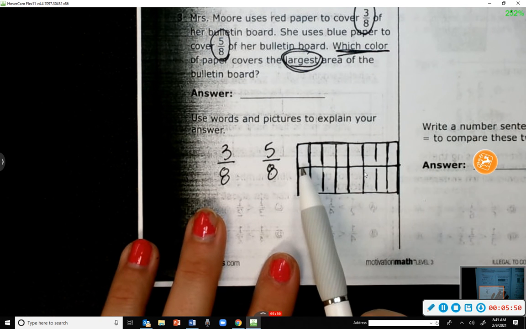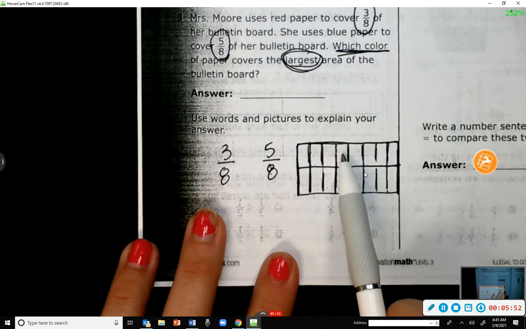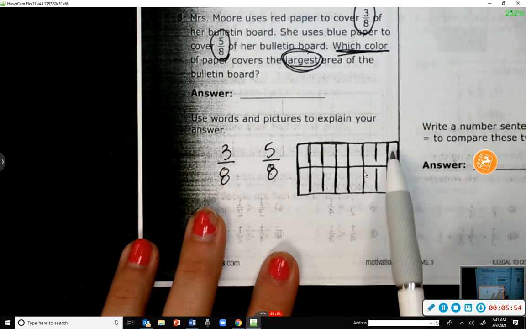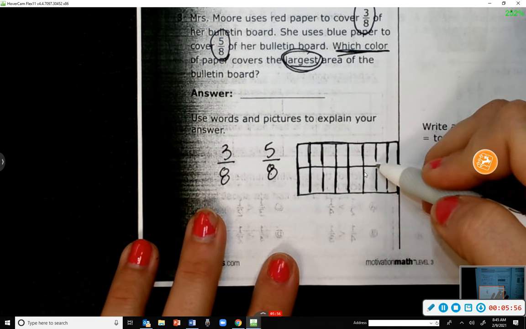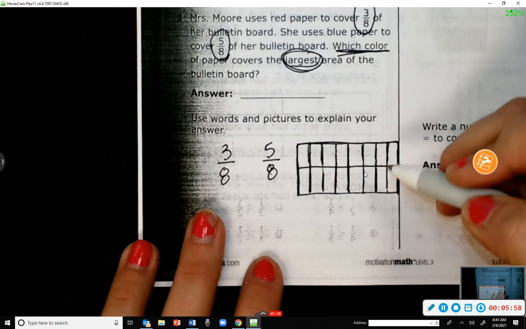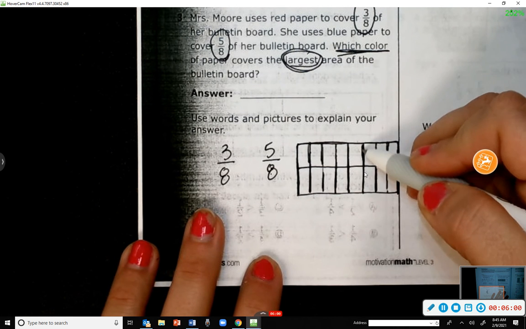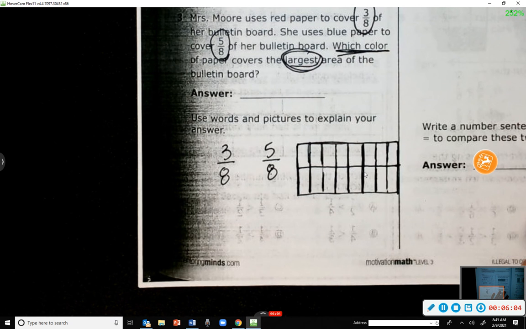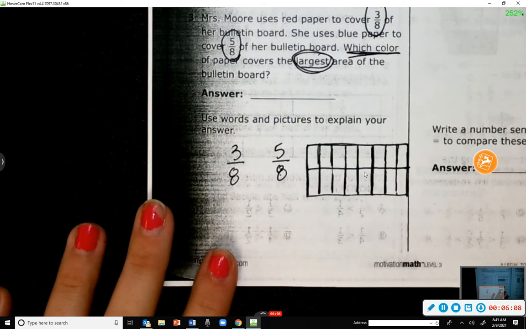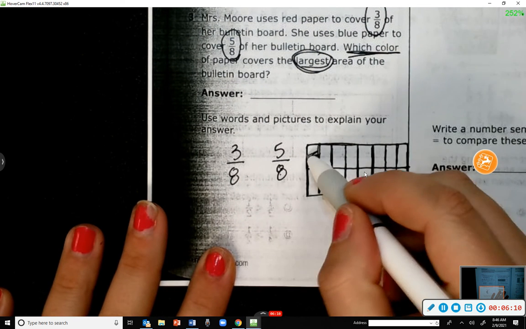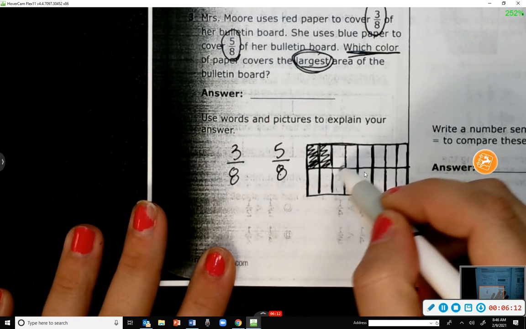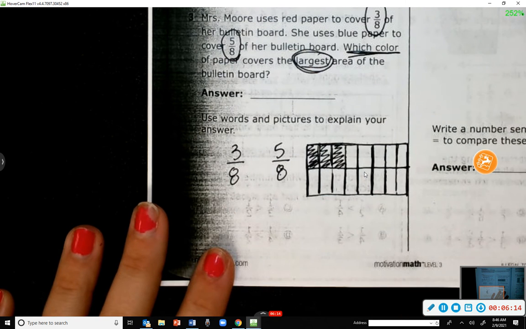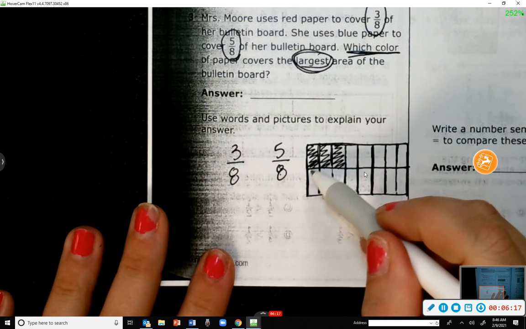We should have 8 pieces. 1, 2, 3, 4, 5, 6, 7, 8. Okay, now the top one we can shade 3. 1, 2, 3. The bottom we can shade 5.